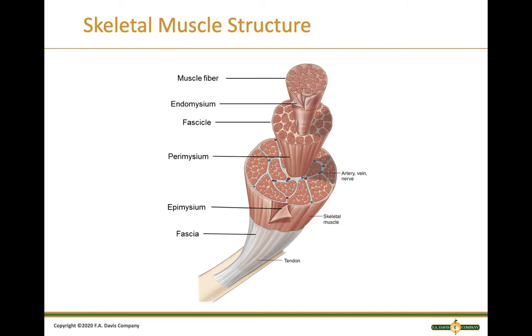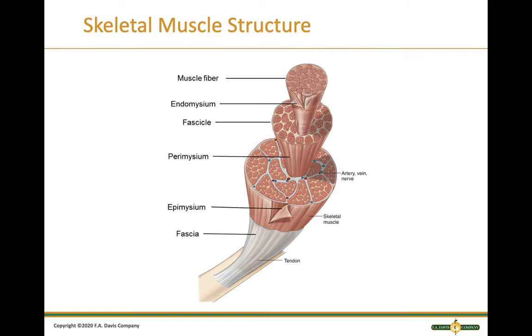The endomysium. If you look around that muscle fiber, there's the endomysium. That's a connective tissue layer that surrounds each individual muscle fiber, and it electrically insulates them.